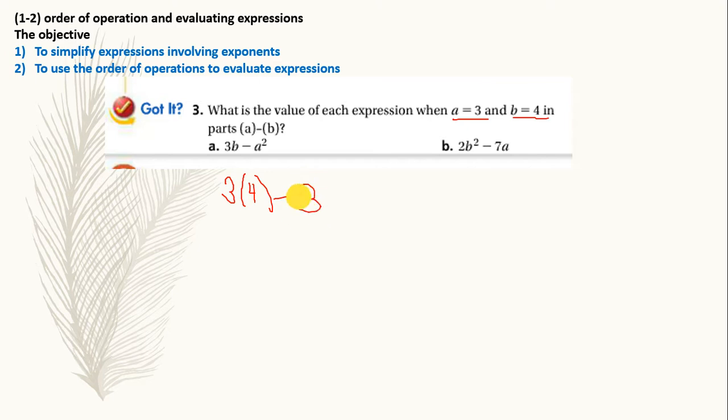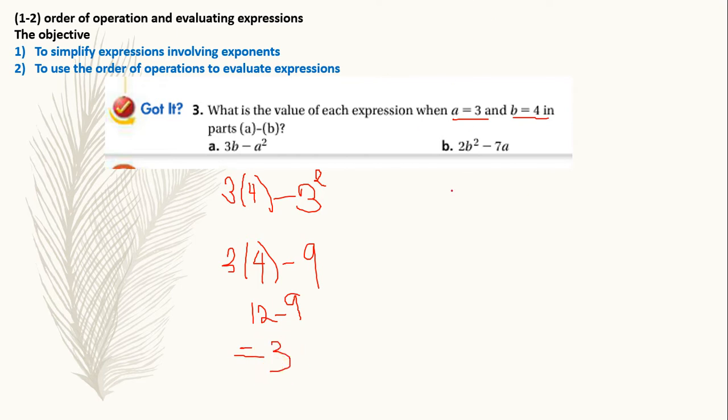So it is 3 to the power 2. Now, let's do the powers first. 3 times 4 minus 9. Next, multiplication. So 12 minus 9. Next, subtraction and addition, which is equal to 3.